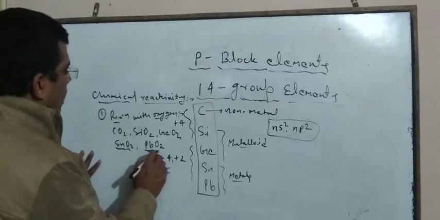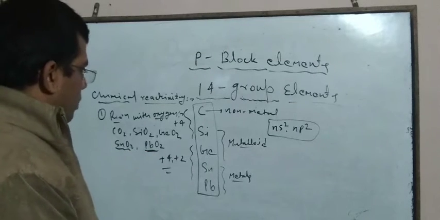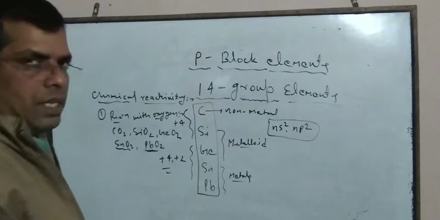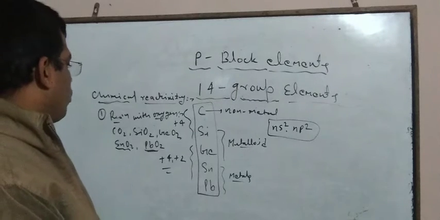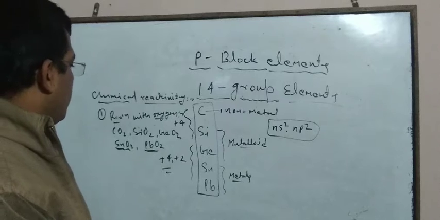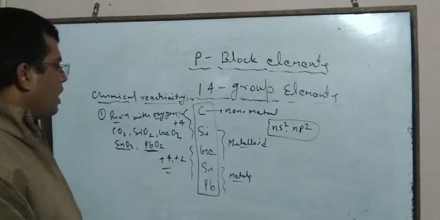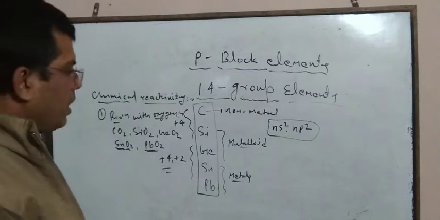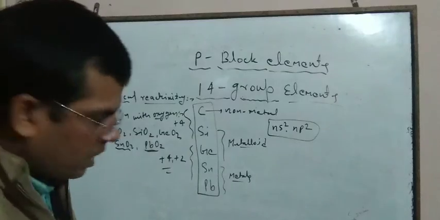Tin oxide and lead oxide are amphoteric in nature.